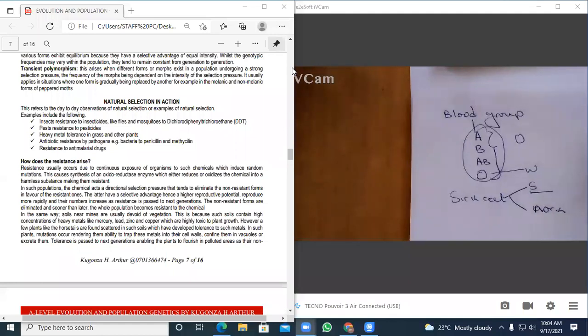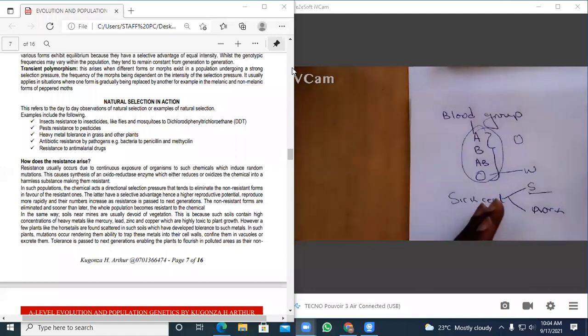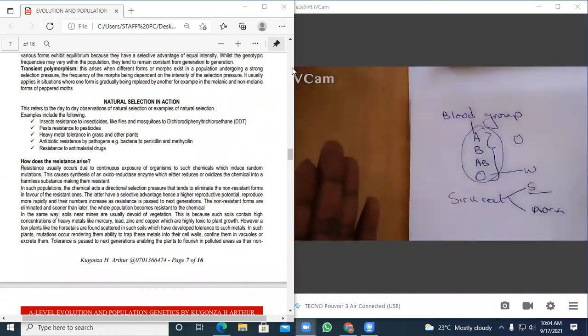Now, Ndagire is asking, what about birth weight? Remember, Ndagire, this one is structural forms, morphism. Birth weight is not a structure. Here we are talking about polymorphism, the structural existence of an organism.